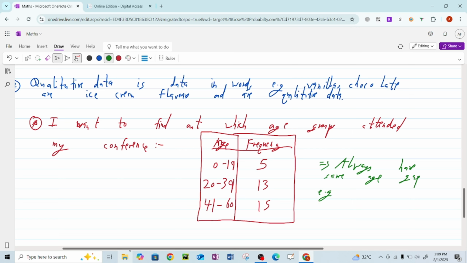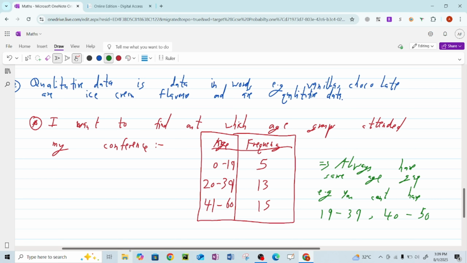For example, you can't have, let's say, 19 to let's say 39, that's a 20 age gap, and then let's say I have 40 to let's say 50. I can't have that because that's not the proper way. We have to have the same age gap.